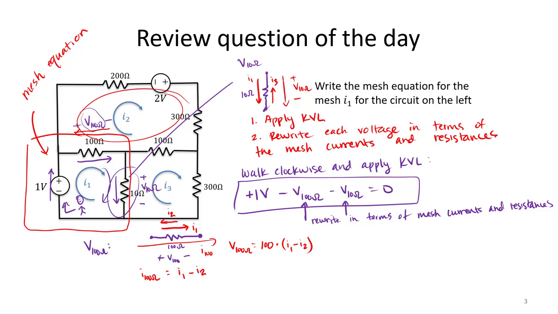So what will my net current in the downward direction be for that 10 ohm resistor? You should find, by Kirchhoff's current law, or by drawing the picture, that the voltage drop across that 10 ohm resistor is equal to our 10 ohm resistance times I1 minus I3.